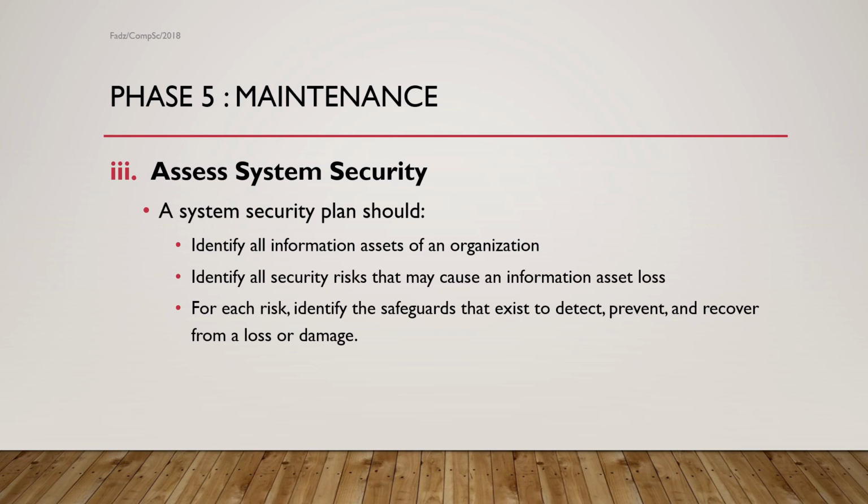Kita tak naklah berlaku masalah ke atas company atau klien kita tadi. So we need to prepare with the safeguards or measurement. Okay, safeguard di sini sama dengan security measure yang you have learned during chapter 3. Okay, so ini yang berlaku semasa activity maintenance, iaitu assess system security.